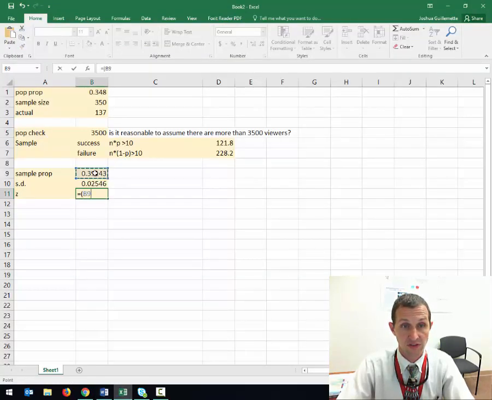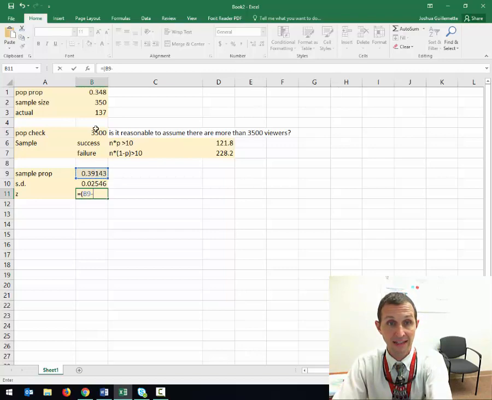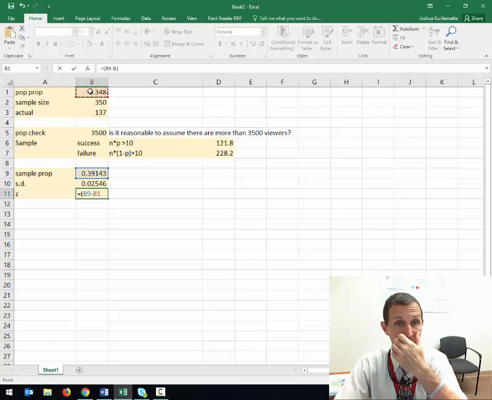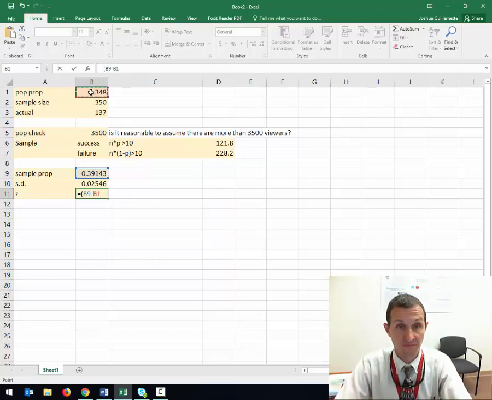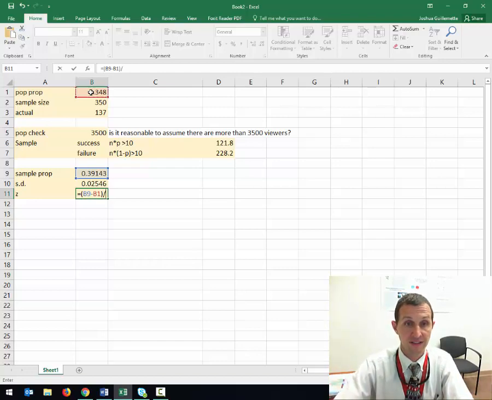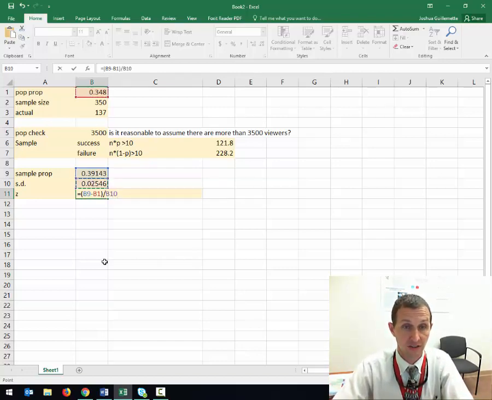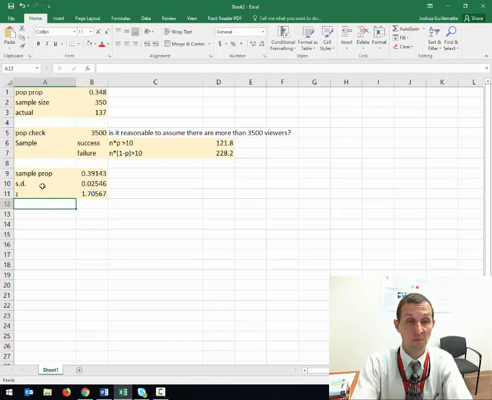So you're going to have your sample proportion minus your population proportion, close that up, and then divide it by my standard deviation, right there. I hit enter, and I've got 1.7.